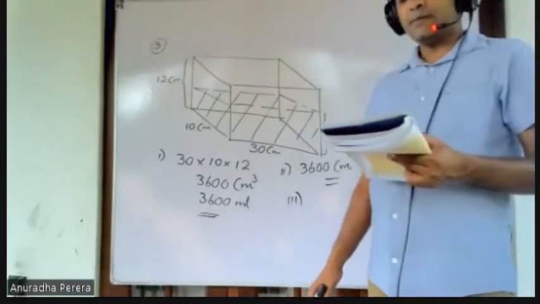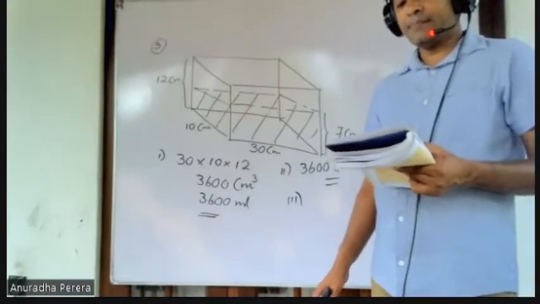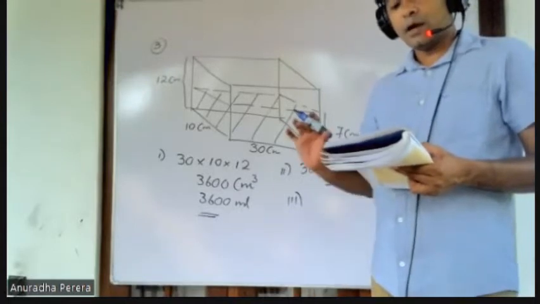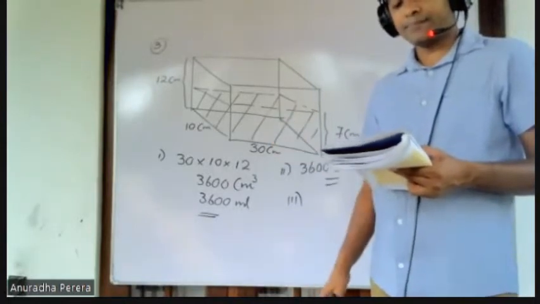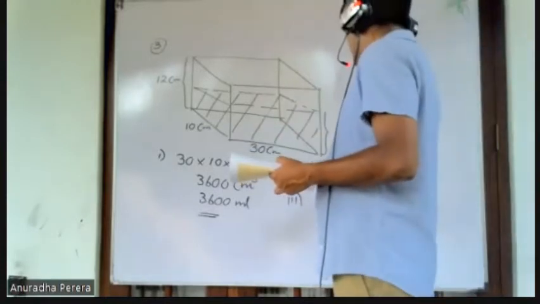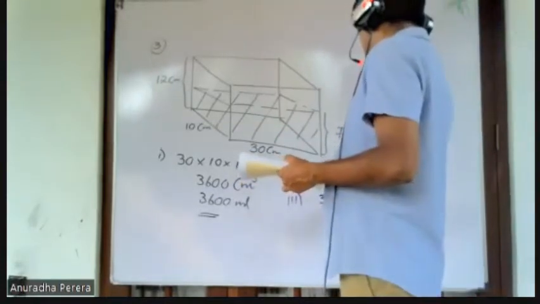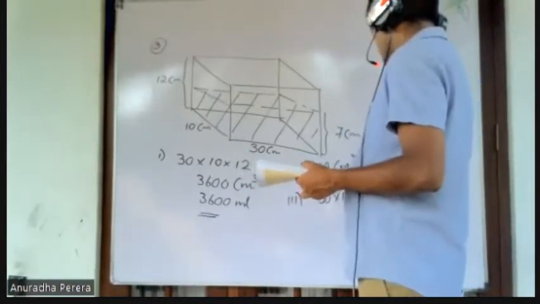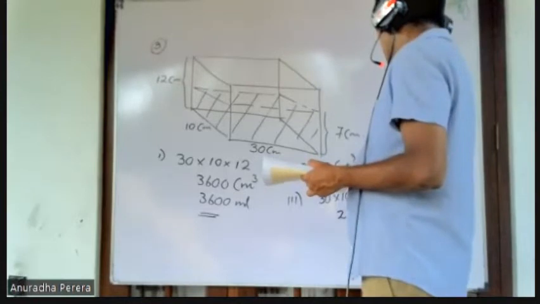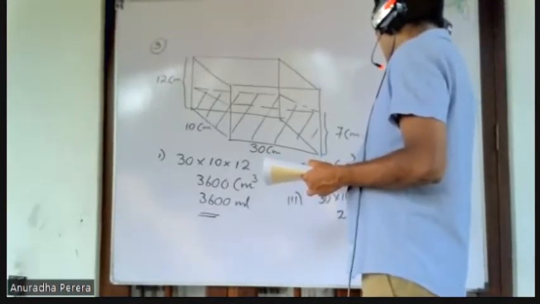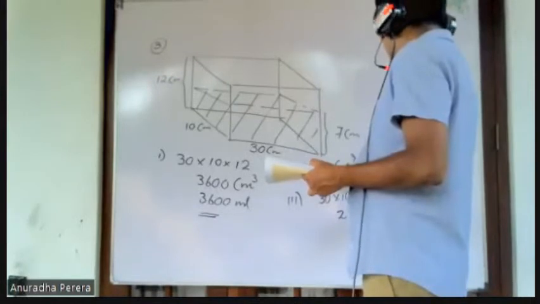The third one, the volume of water in the container if it is filled with water only up to a height of 7 cm. The length is 30, breadth 10, height 7. What is the answer? 2,100 cubic centimeters.